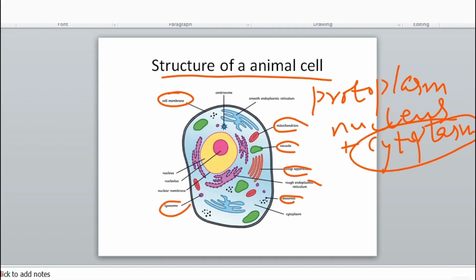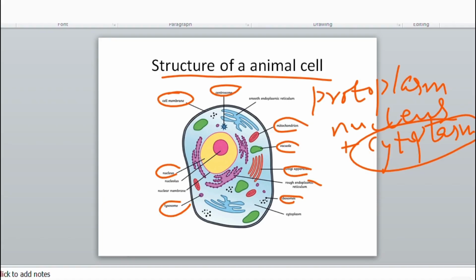Then we also have the centriole or the centrosome. Now, these parts are what we call the cell organelles, which are found in the cytoplasm of the cell. Now, the nucleus contains the nucleolus.